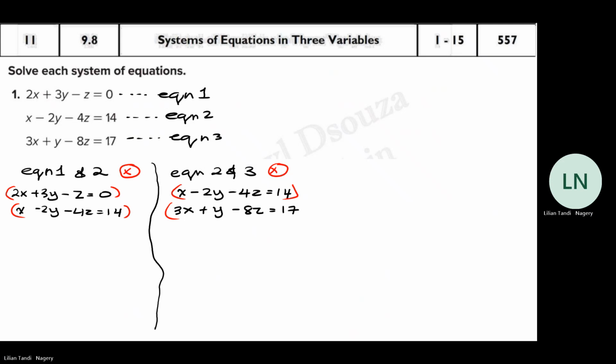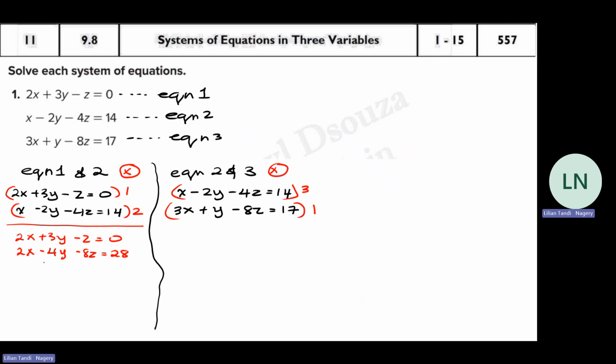Okay? So here will be 3 and here will be 1. Here will be 1 and here will be 2. So my new equations will be 2x plus 3y minus z equals 0, 2x minus 4y minus 8z equals 28.